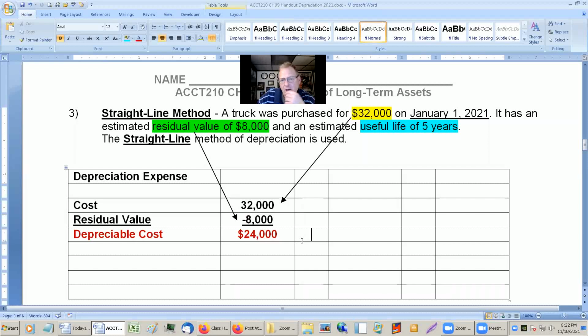Over what length of time is it going to do that? Over 5 years.